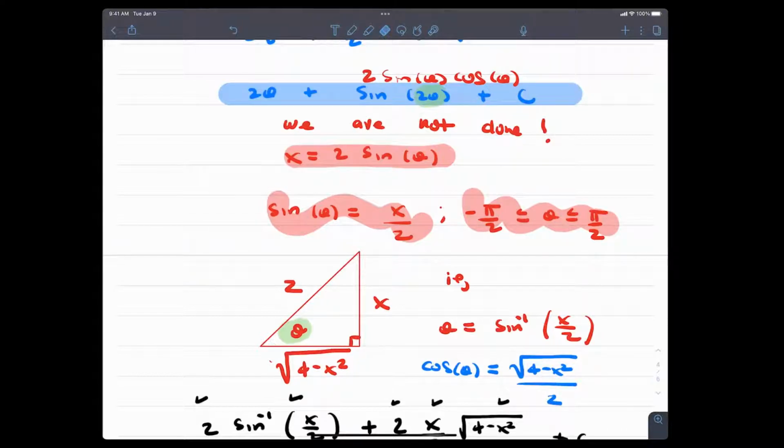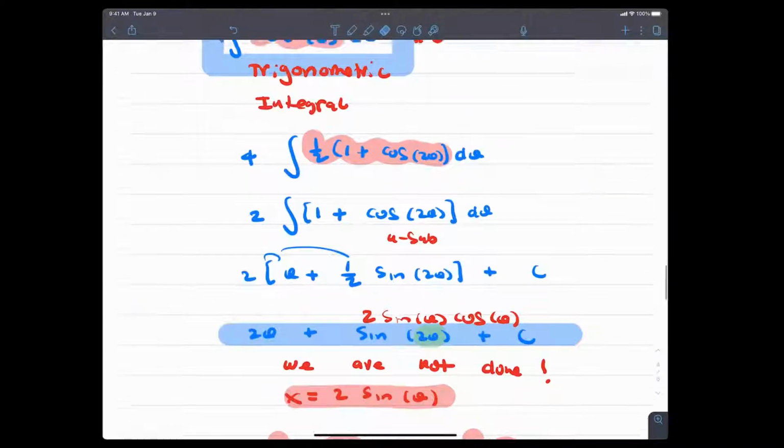And then actually, in all honesty, ladies and gentlemen, from that information, you can find theta. You can find sine theta, cosine theta, tangent theta. It's a right triangle. In theory, you can find all 6 trig ratios: cosecant, secant, tangent, because you have the right triangle here.